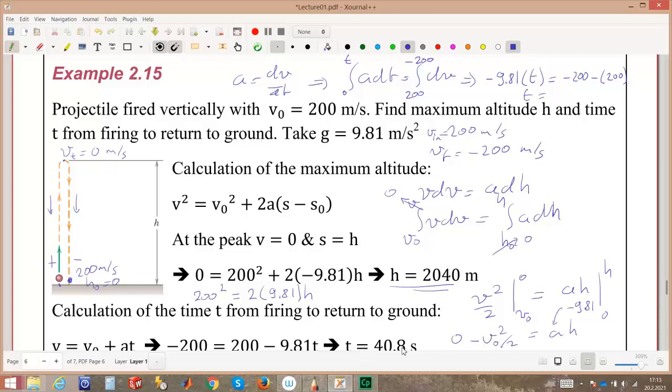So here we have the solution as 40.8 seconds, and that's our solution for this basic example.